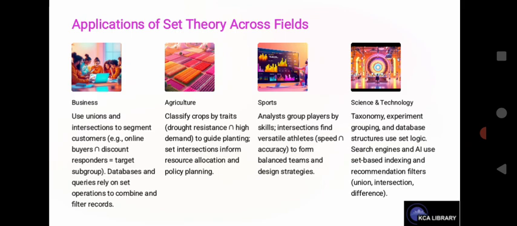So in science and technology, if you have heard of taxonomy, the classification of living organisms, we make use of sets because living organisms are classified based on similarity in their characteristics. That is what Carolus Linnaeus in biology used to categorize animals, to classify them into kingdom, phylum, genus, or species, or even to determine the particular living organism that belongs to any kingdom, phylum, class, order, genus, or family.